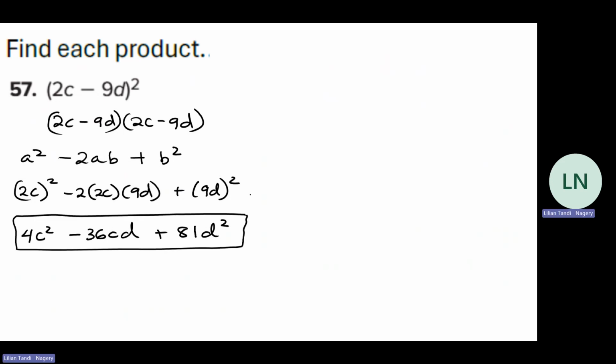If you forget Kanun, do FOIL or do distributive property. If we do distributive property, we will get 2c minus 9d, minus 9d times 2c minus 9d. This and this becomes 4c squared.